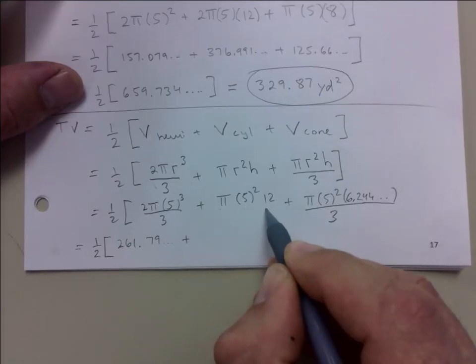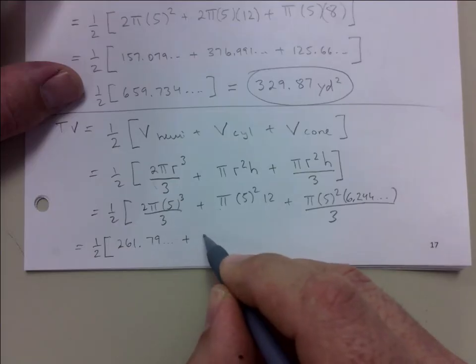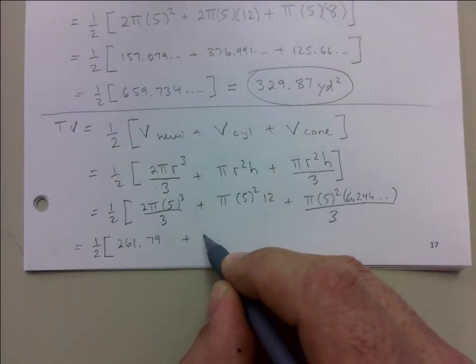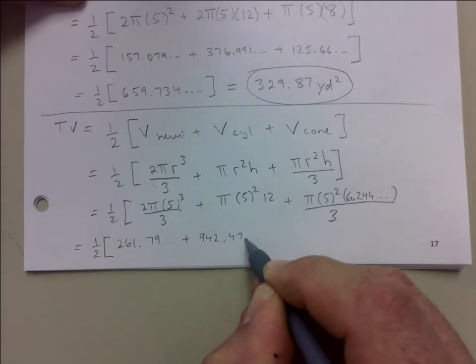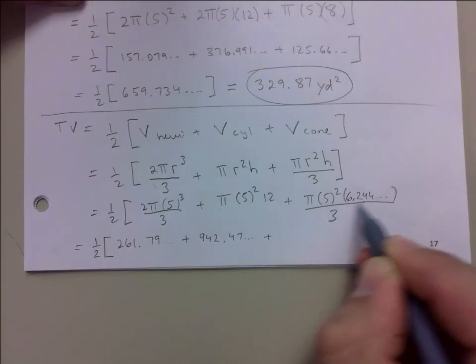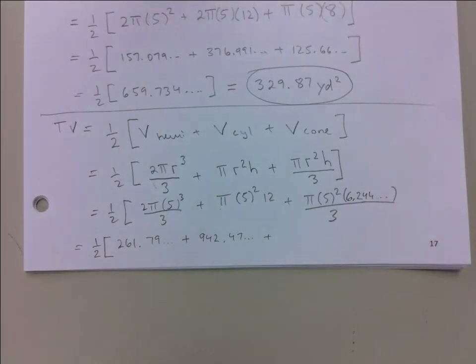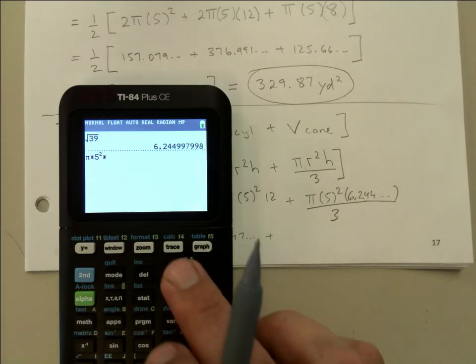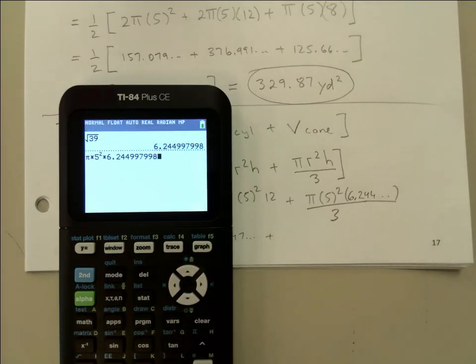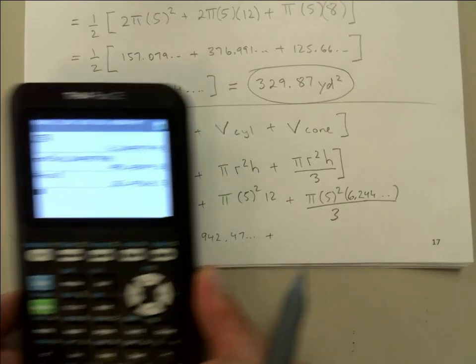Plus this middle part gives you 940. Make sure you get this right, Mr. Dirksen. 942.47 something. Plus this last part, maybe I'll show you how I enter it, because you need to copy paste, right? So pi times 5 squared, times, I'm going to bring down that height. I'm going to hit enter at that point and then divide it by 3.